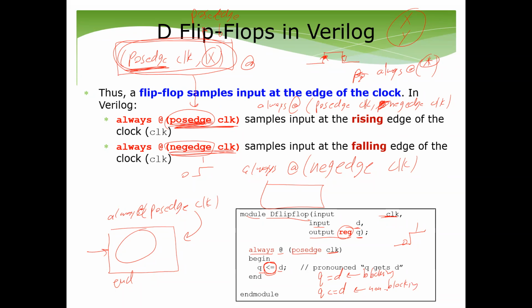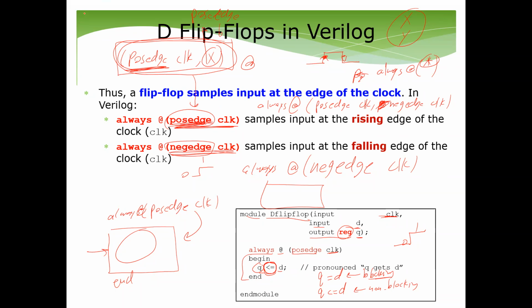A non-blocking assignment will update the value of Q after you finish executing the whole procedural statements that you have inside your always block. As for blocking, it will update the value of Q even if you still have more assignments after this one.